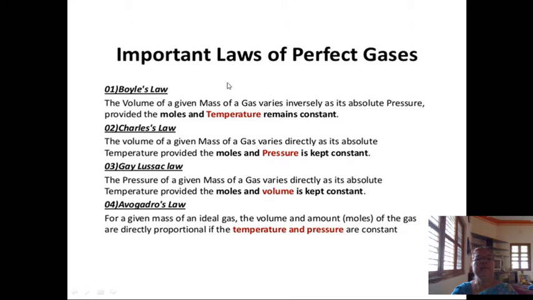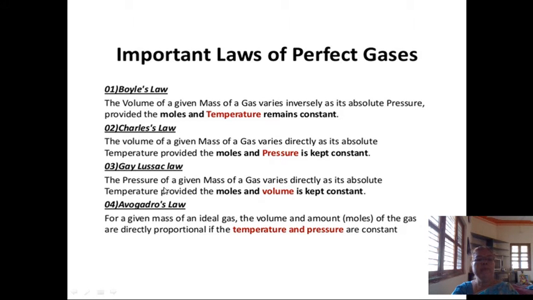Then see Charles' law. Here the volume of a given mass of gas varies directly as its absolute temperature, provided the moles and pressure are kept constant.